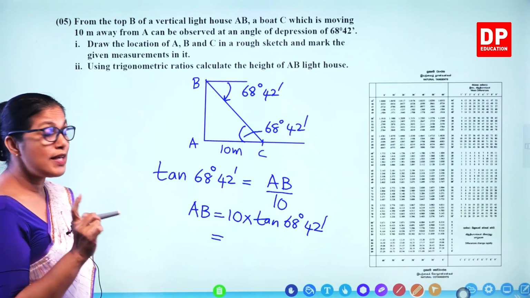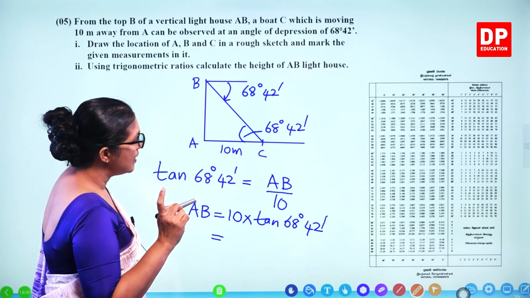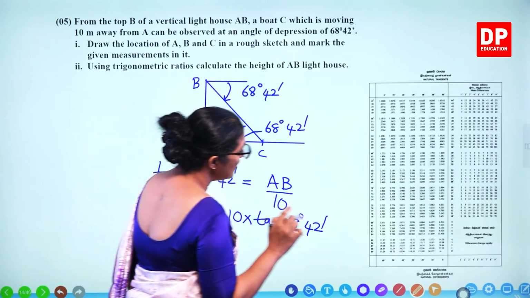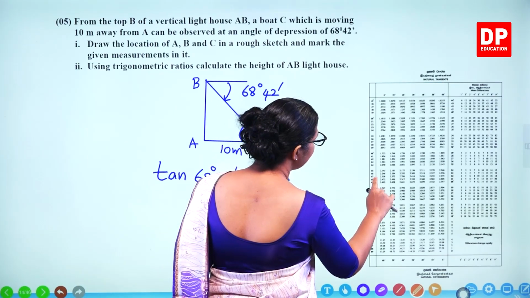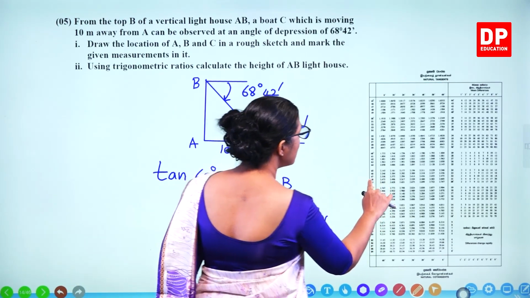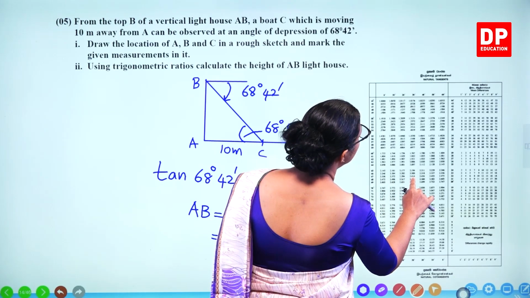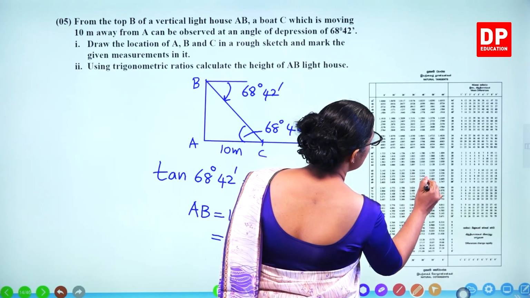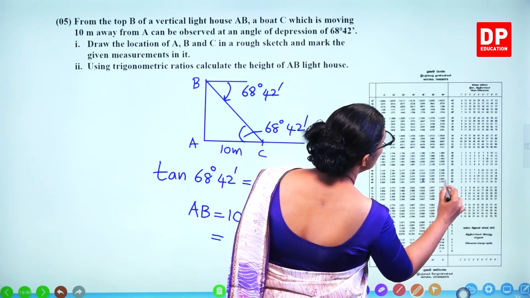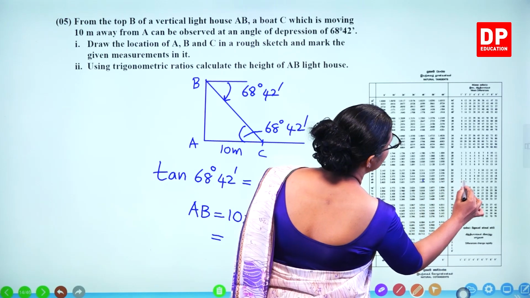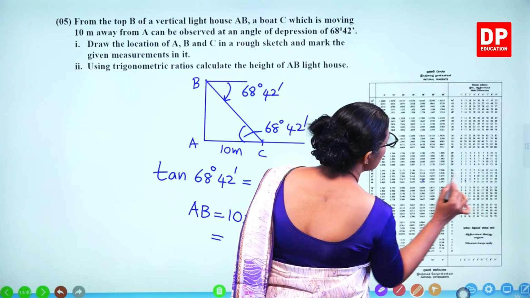For 68:42, you have to use the tangent tables. So use the tangent tables. 68:40, this one, and 2 from this. That's 4.